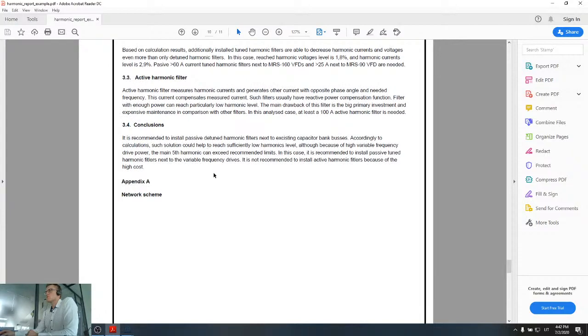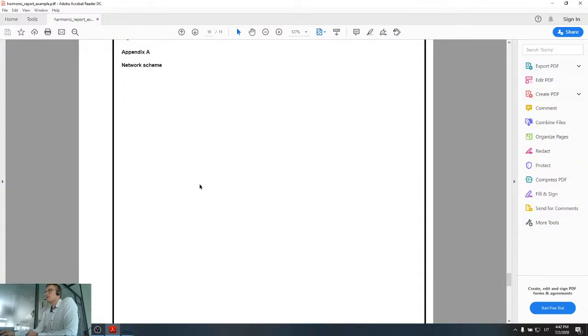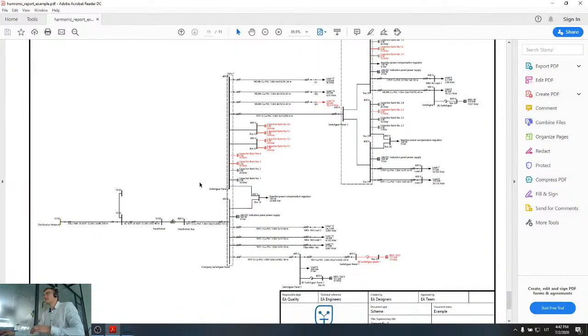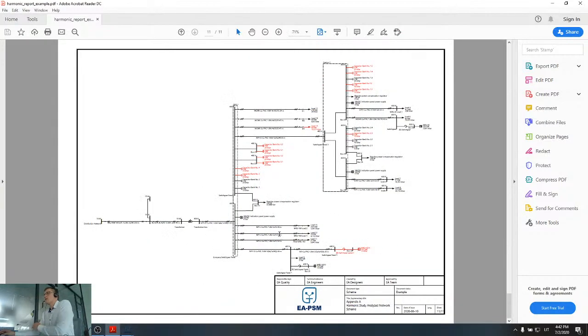And of course conclusions summarize all the findings in the network. Finally we provide a single line diagram exported from our software, so you can see how it can look.